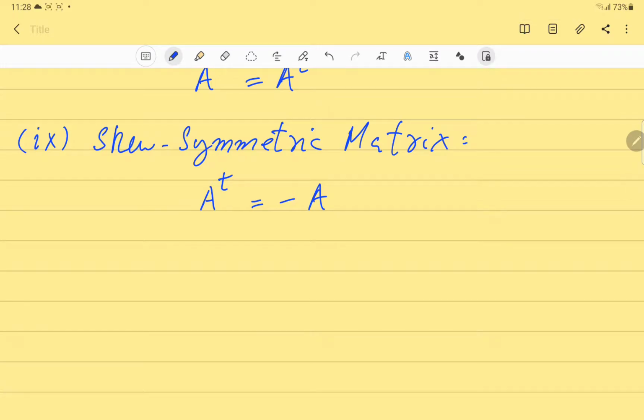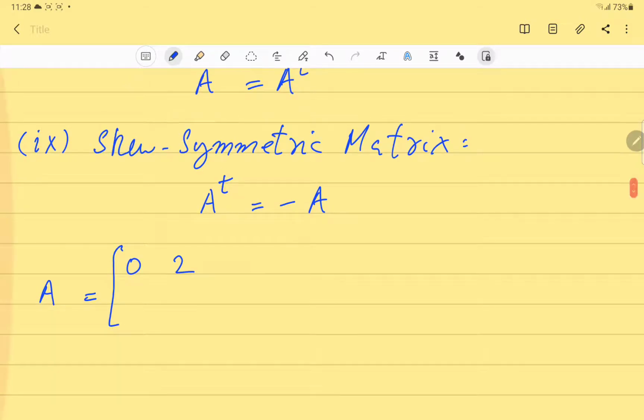Let us try to understand it with the help of an example. Suppose A is equal to 0, 2, 3, -2, 0, 1, -3, 1, 0. Now let us write down its transpose first.